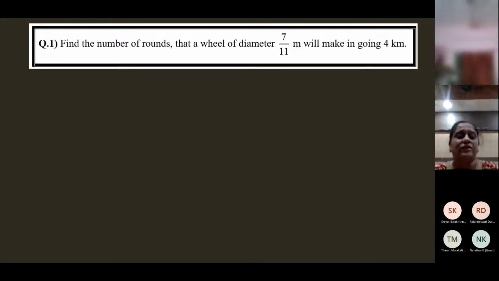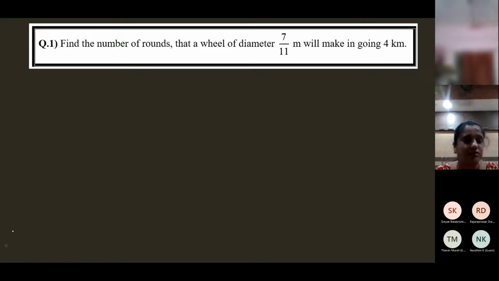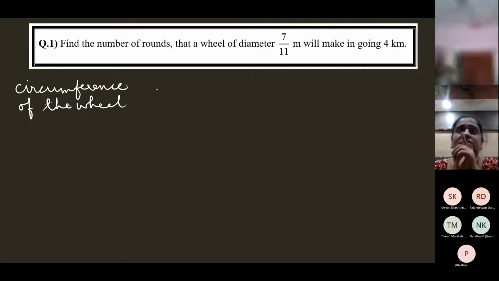So, find the number of rounds that a wheel of diameter 7 by 11 meters will make in going 4 kilometers. Simply remember this equation or formula, children. The circumference of the wheel. If you think more about it, you will realize that the circumference of the wheel is the distance covered by the wheel in one rotation or revolution, whatever you call it, or in one round.